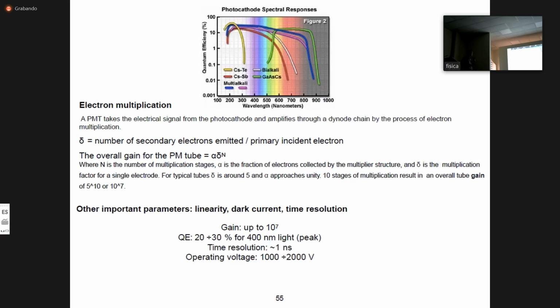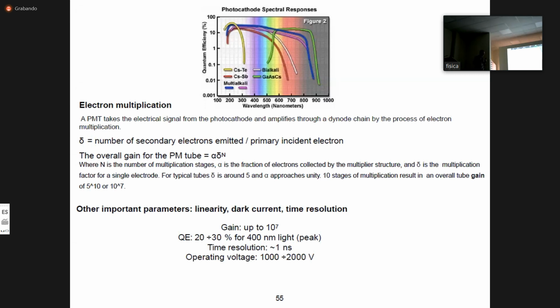And this number, as I said, can be up to 1 million, even more. But basically, it's something like 5 times 10 to the power of 6. That's the gain.